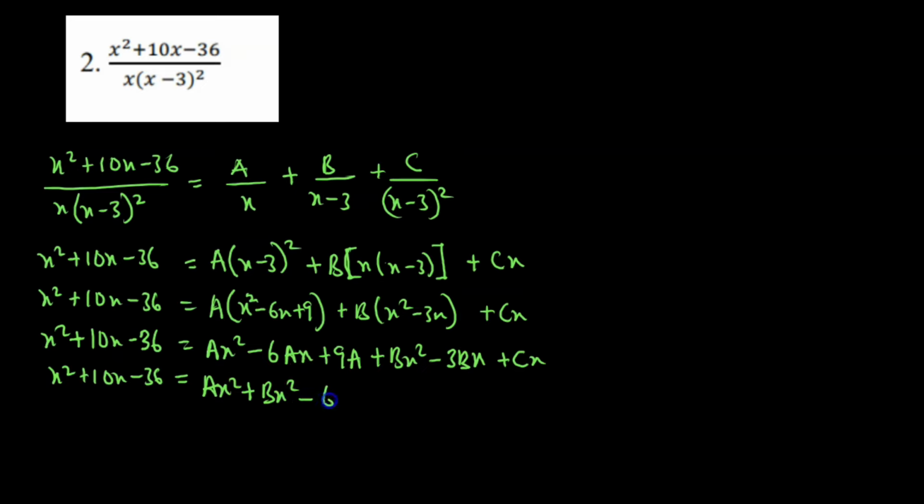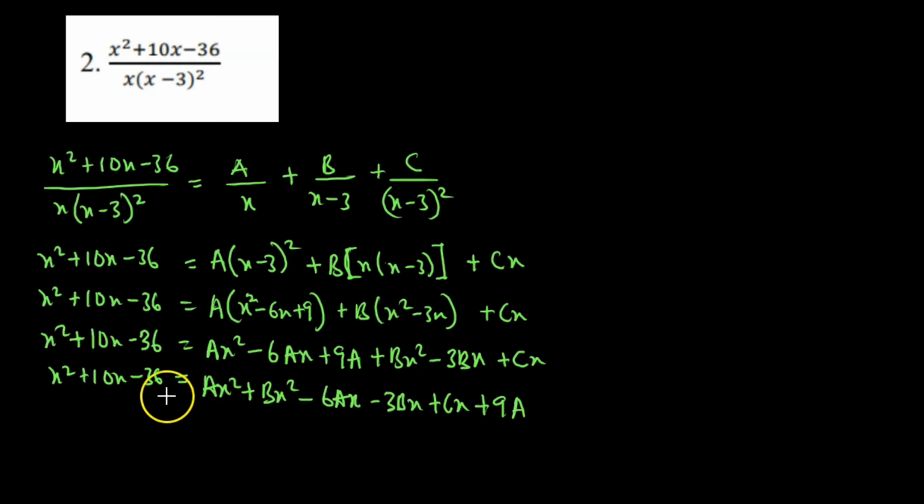We have minus 6ax and then minus 3bx and then plus cx. That is for the x's. And then the constant, I believe we have only plus 9a left.